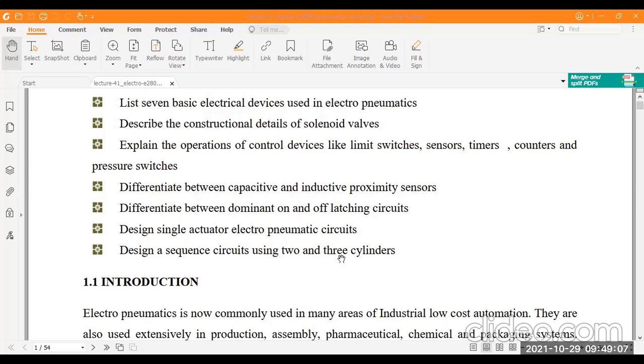So this pneumatic controller braking system is used in large vehicles, and also in trains, and sometimes in other vehicles also. This is the broad application of the pneumatic controller part.